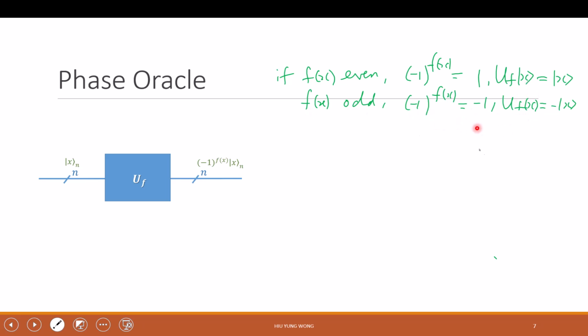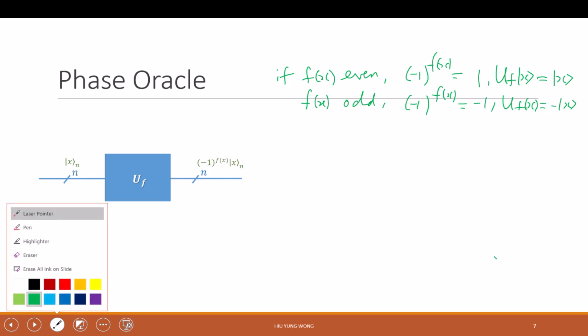Any questions? Maybe it is so simple that you wonder why this can be an important thing in quantum computing, which was supposed to be something very mysterious. But it is so simple. Okay, so that is the phase oracle.